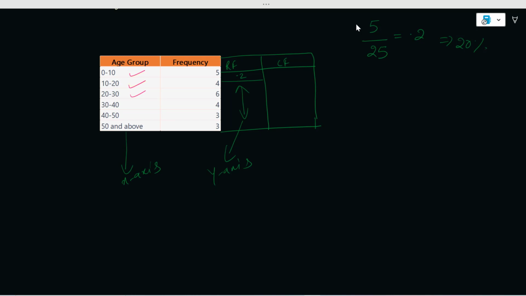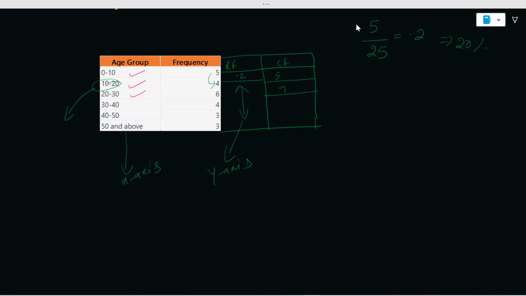So cumulative frequency, as the word says, is cumulative. For age group 0 to 10 we have 5, and for age group 10 to 20 we have 4, so we have 9. So what we are doing is, in a particular age group we sum up the frequencies preceding and that particular frequency. So what does that mean?